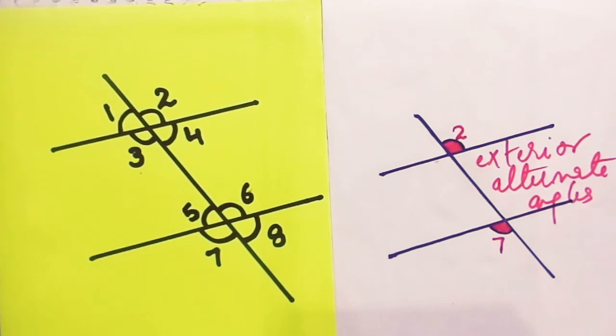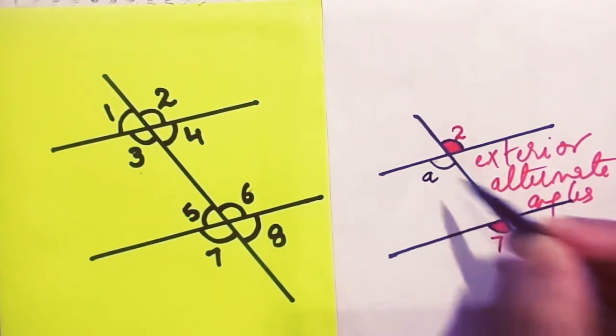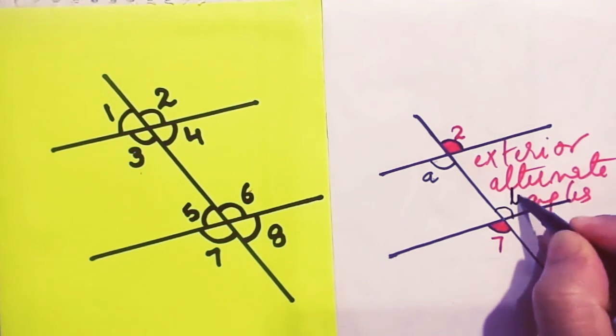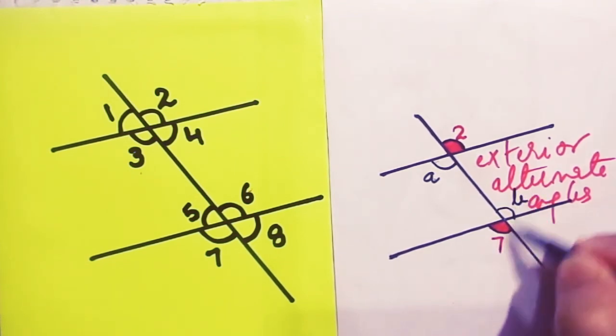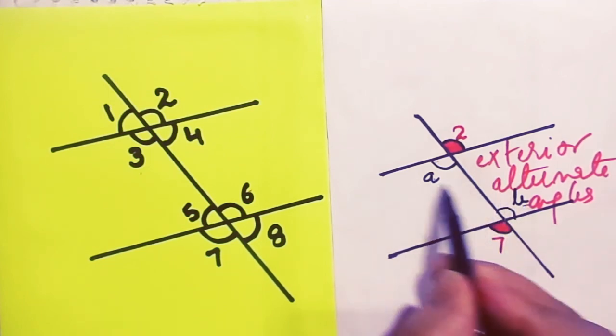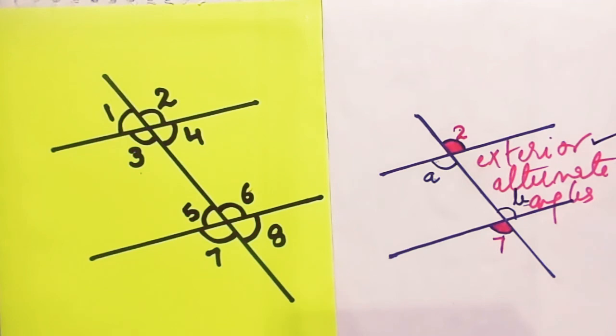Okay, now if you consider this one, A is equal to 2 and B is equal to 7. Why? Because they are vertically opposite angles. So now when A and B are interior alternate angles, so 2 and 7 will be exterior alternate angles.